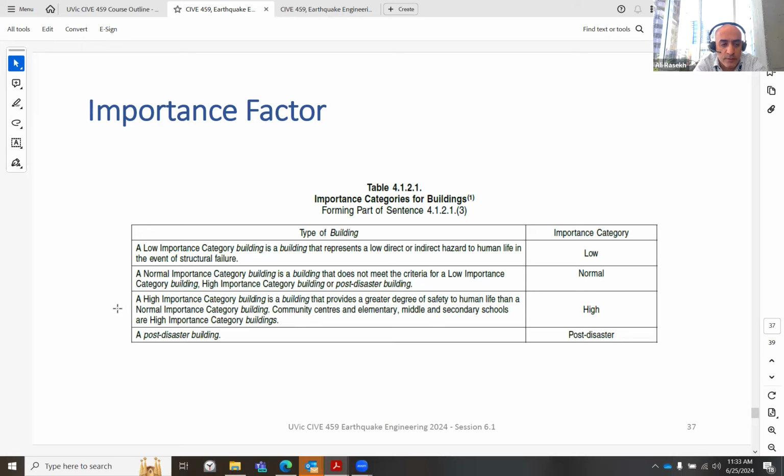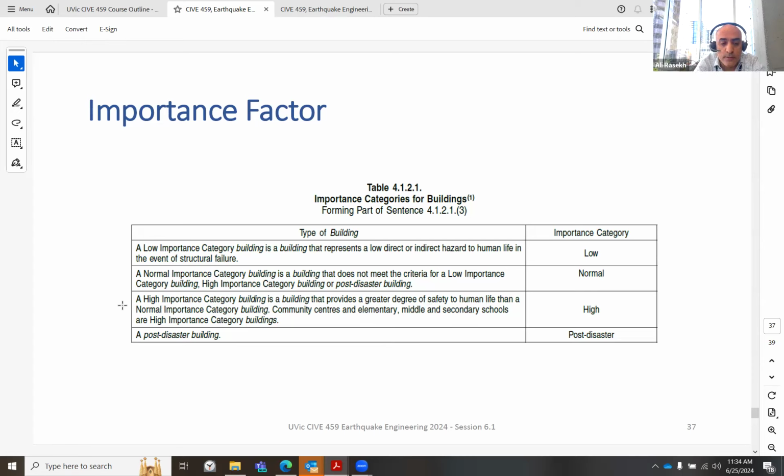So sorry guys, but colleges are not high importance. So colleges are regular. The society tries to protect people until the end of secondary school. Maybe the city of Victoria says colleges are also high importance. So this is also affected by local regulations.